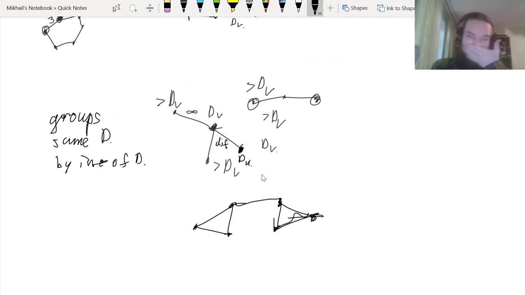So let's look at all the edges, and what our algorithm is going to do is try to color these vertices differently.